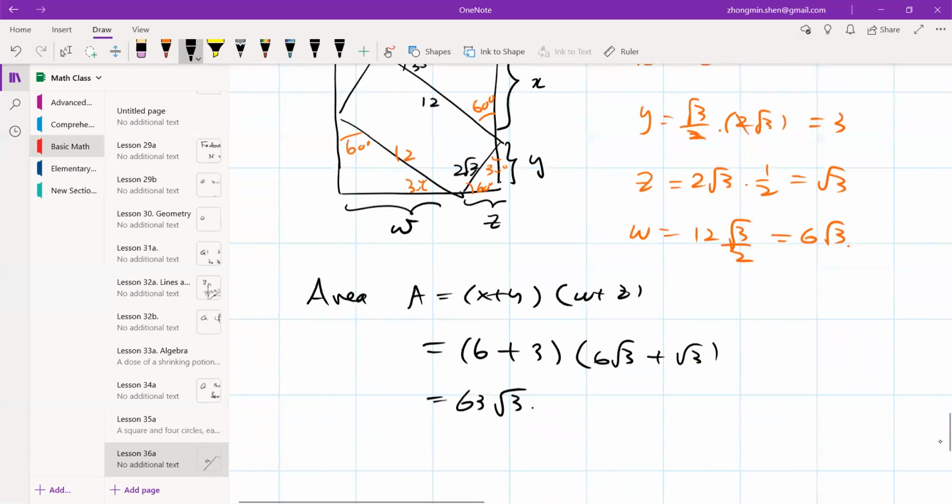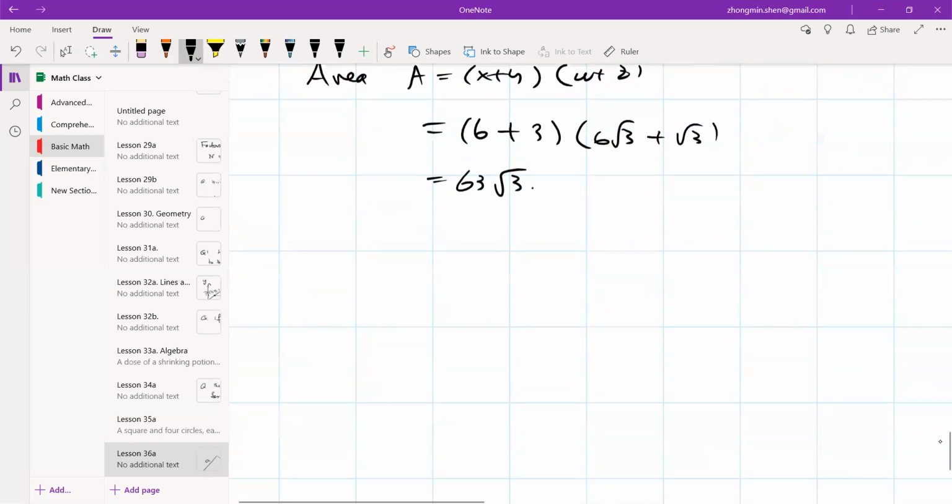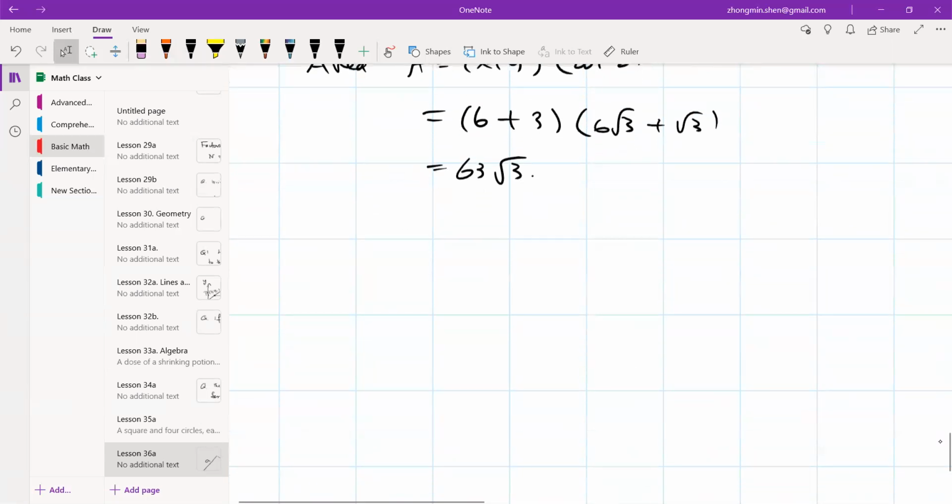Yeah, just use the special right triangle. Let me repeat again. It's a special right triangle. Why is this true? You know why this is true? It's a special right triangle. Do you remember?